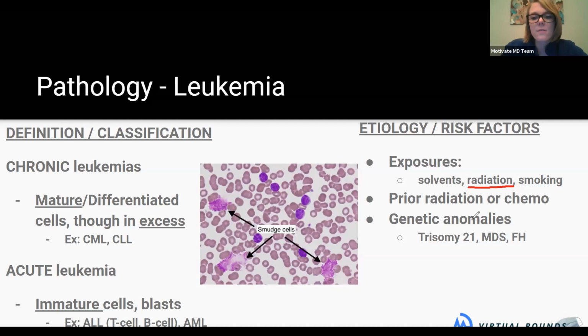Other things to consider are prior chemotherapy, prior radiation such as being irradiated for other cancers, and genetic anomalies such as trisomy 21, Down syndrome, or myelodysplastic syndrome, MDS, or a family history of any of these genetic anomalies.